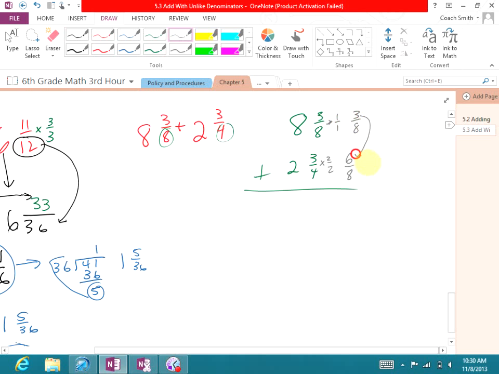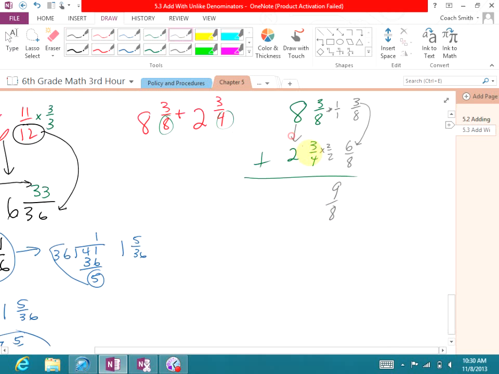So I take 3 plus 6 is 9 over 8. 8 plus 2, 10. So now, once again, I have an improper fraction, which you have a lot of when you're adding, and we take 8, divide it into 9. It goes one time, 8, remainder 1, put that 1 over the 8. So that gives me 10 plus 1 and 1/8. So 11 and 1 over 8.